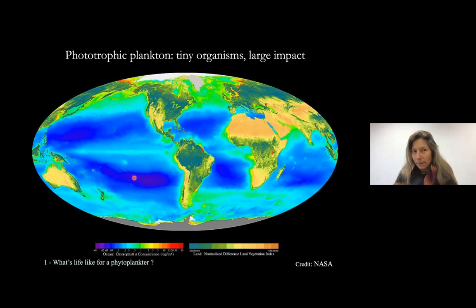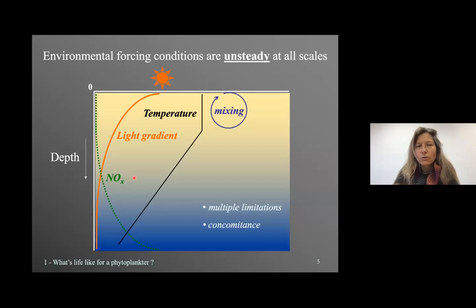If we get a little closer to this plankton, let's go to a schematic representation of the vertical axis of the water column. So you've got the surface of the water and depth as you go down.